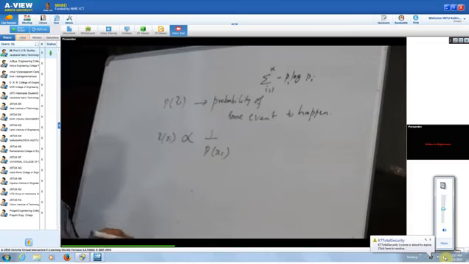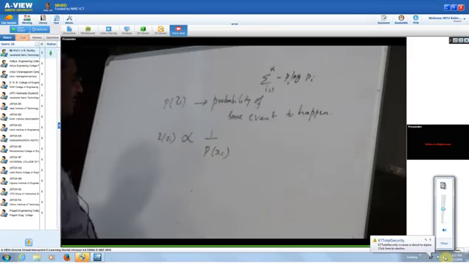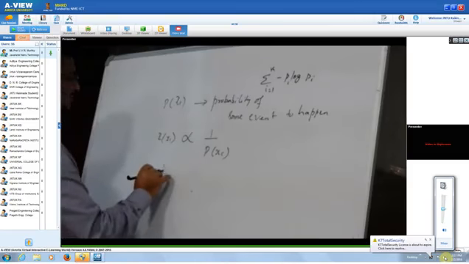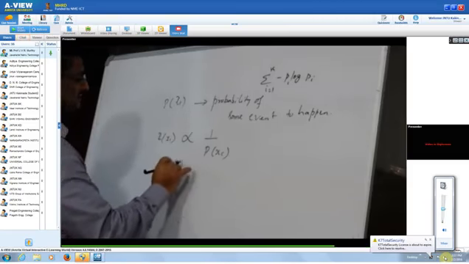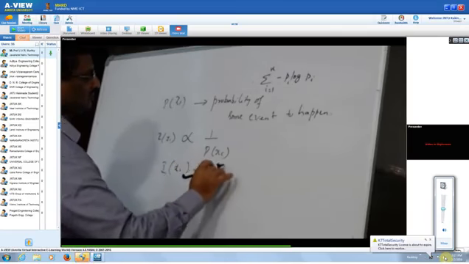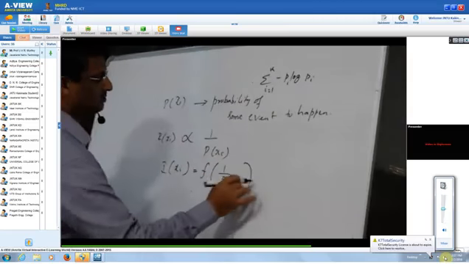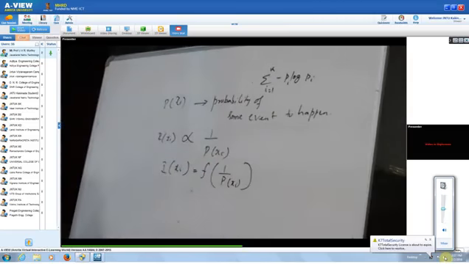So this proportion, or else your I of xi is a function of 1 by P of x.